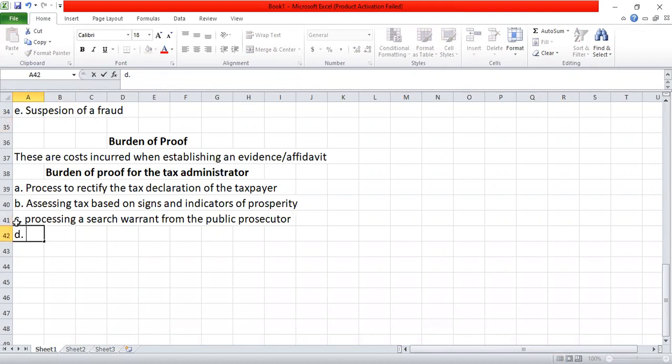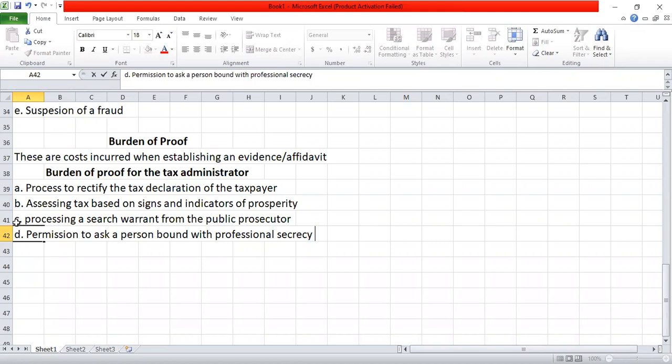Another one is permission to ask a person bound by professional secrecy. For example, if you want to get information about the taxpayer from the bank, you need to get permission from a public prosecutor, because a bank is bound by professional secrecy.